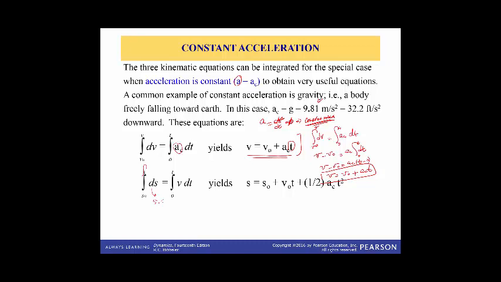So this is s minus s0, same thing. Then we have from time 0 to t, okay, now we have v at time t minus v0, if it's a function of the time.